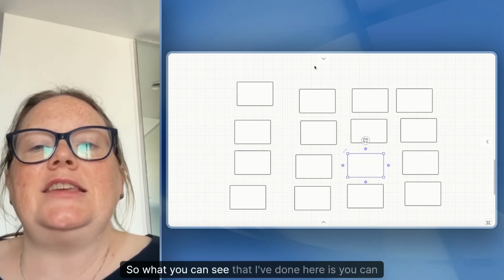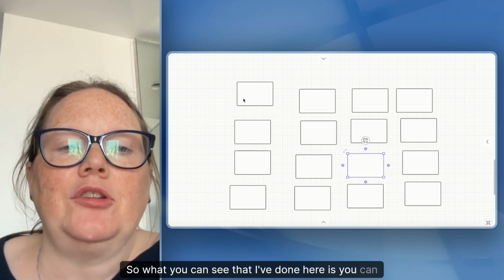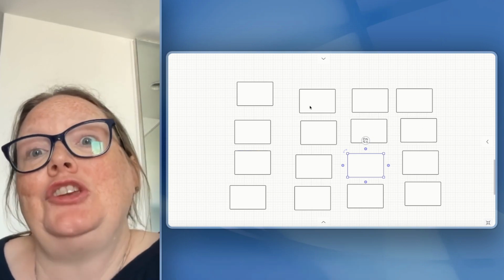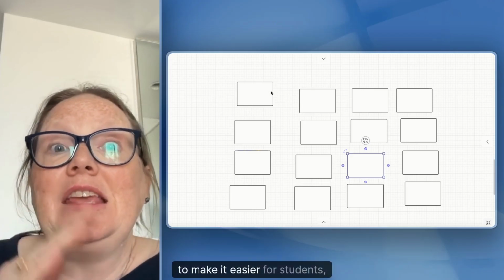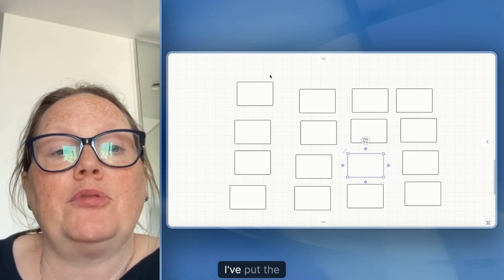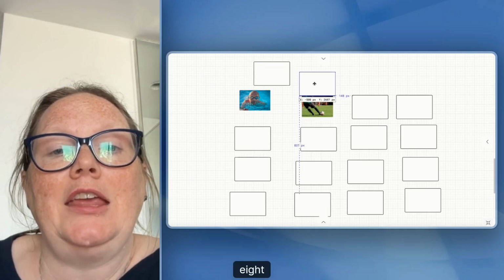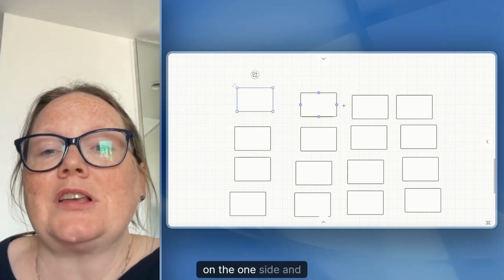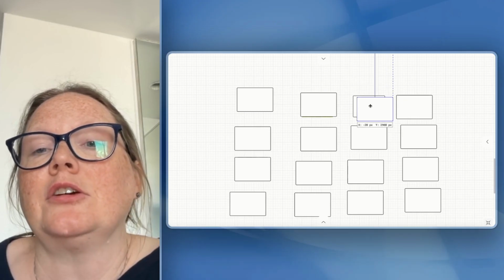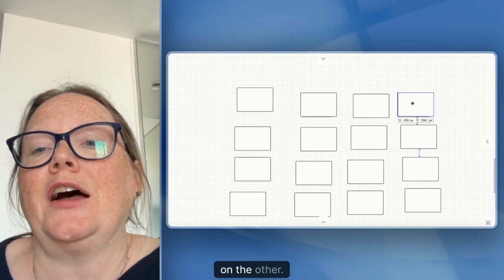What you can see that I've done here is you can see 16 squares. Now, to make it easier for students, I've put the 8 pictures on the one side and 8 words on the other.